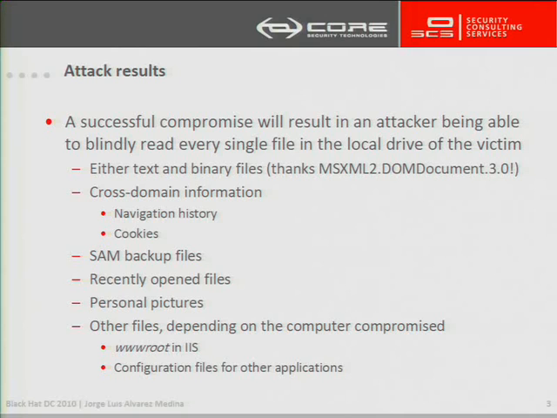Files that the user has been working with recently, personal pictures, and other files depending on the function of the machine that is being compromised. I mean, if this machine is an IIS server, you can try to access files inside the web root folder, or configuration files depending on which applications the computer has installed.